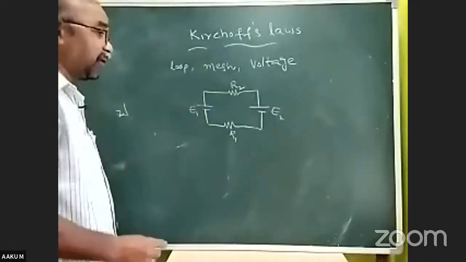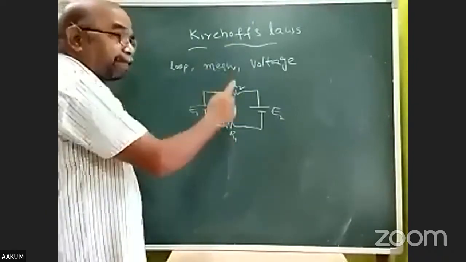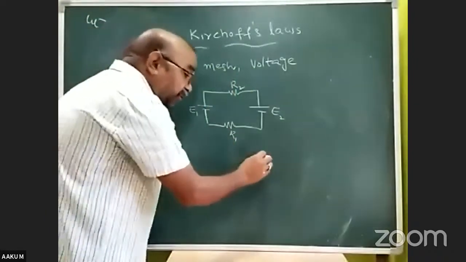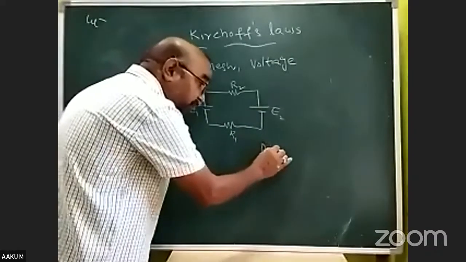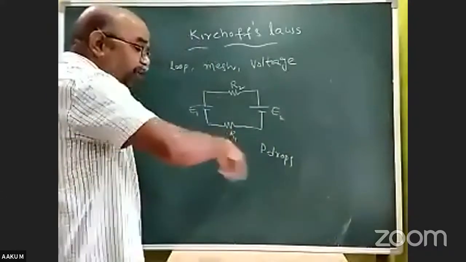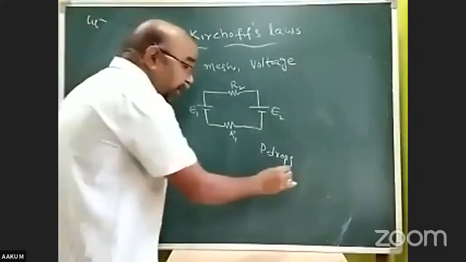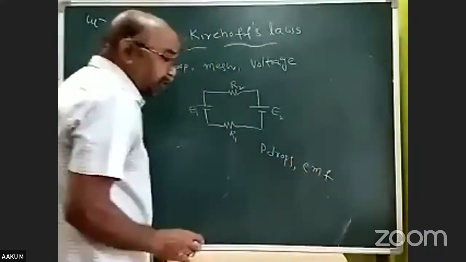It tells us that in a closed mesh, the algebraic sum of potential drops and electromotive forces is 0.